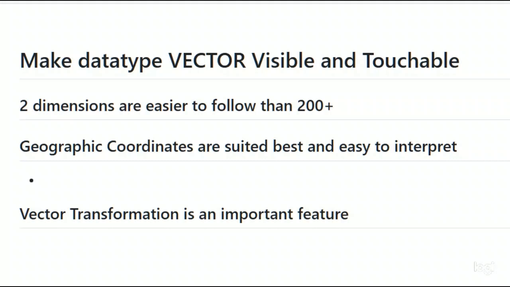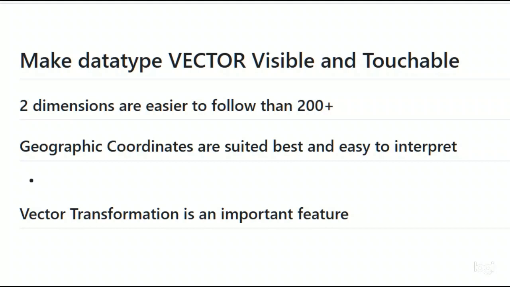The idea of this presentation and this demo is to make the vector data type, which is new in Iris since a few months, more visible and touchable. Vectors are often or mostly used for text analysis and can have some 100 dimensions, which is quite hard to follow and to interpret.